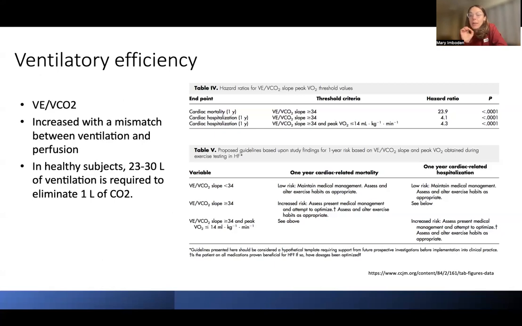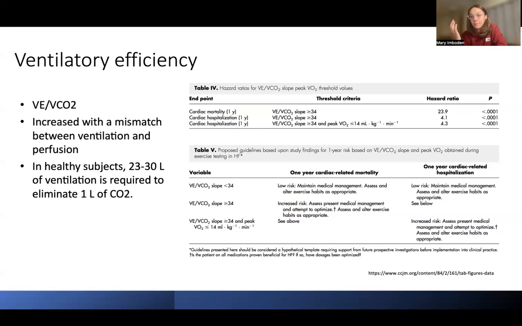That means they have a 23.9-fold higher risk of 1-year cardiac mortality than if it's lower than 34. Cardiac hospitalization, 4.1 hazard ratio, and cardiac hospitalization with both our VE/VCO2 slope plus a VO2 less than or equal to 14, 4.3 for our hazard ratio.